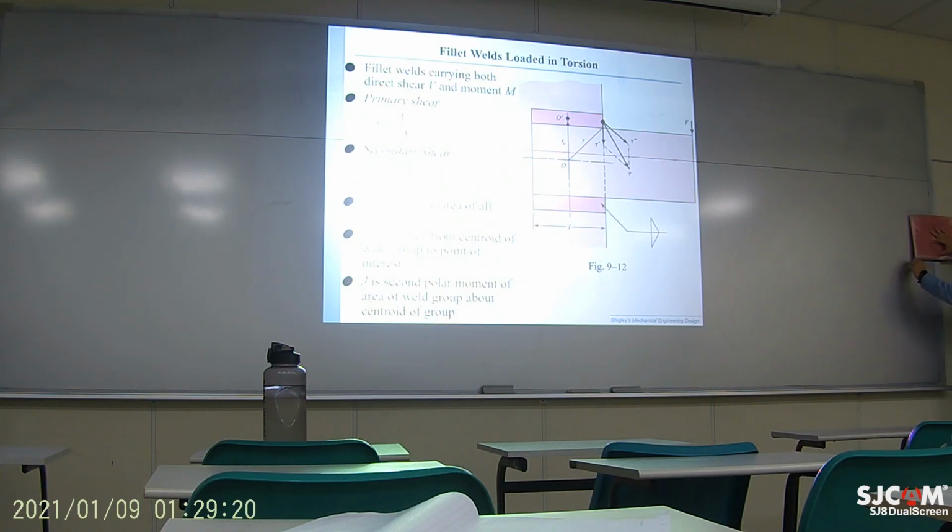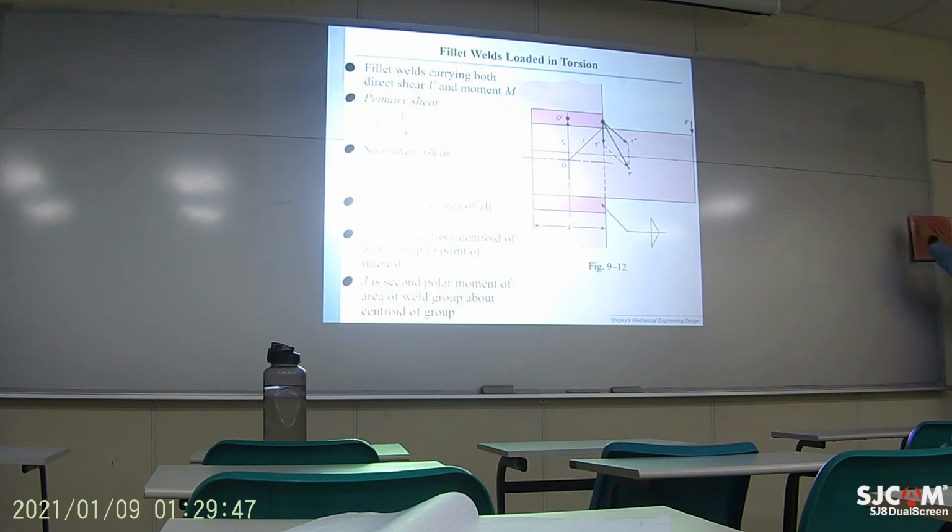But the material right here has an area. So do you have the same force and stress everywhere? Actually not. So what's happening is you need to figure out at which point it is carrying the most stress.